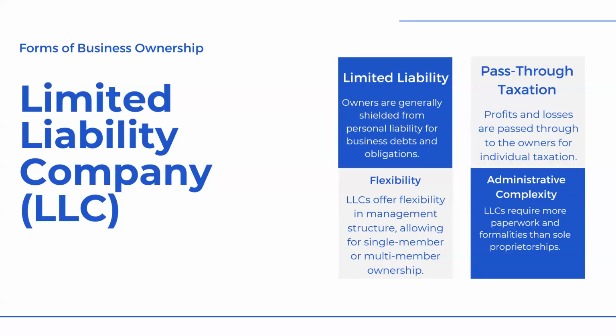Limited liability company, also known as LLC, provides the attractive features of the three common forms of organization, such as corporation, sole proprietorship, and partnership, and avoids the unattractive features of these three organization forms.